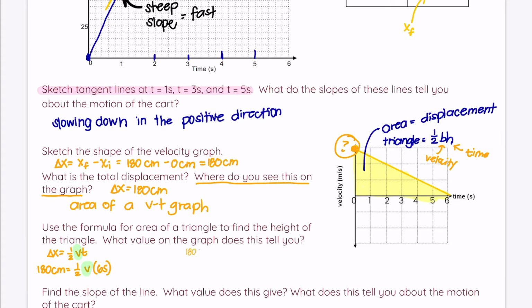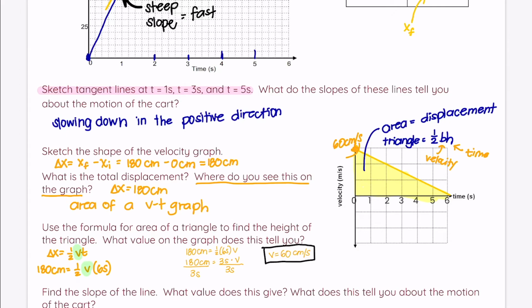And so we have 180 centimeters is equal to 1/2 times 6 seconds times V, which is going to be 180 centimeters is equal to 3 seconds times velocity. And we're going to divide by 3 seconds on both sides. And we have velocity is equal to 60 centimeters per second. So our answer for this is going to be 60 centimeters per second is our mystery velocity here. So let me go ahead and erase this and write in 60 centimeters per second.